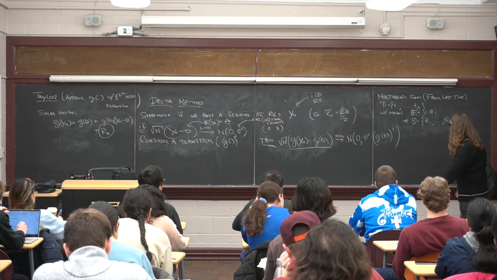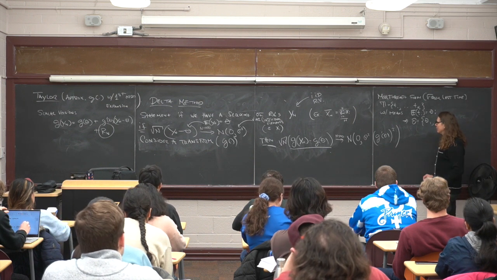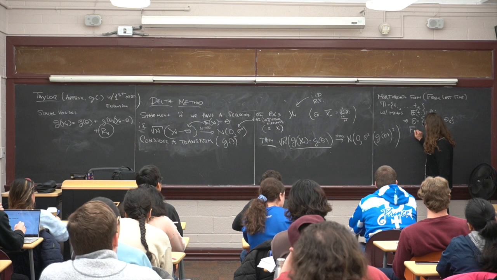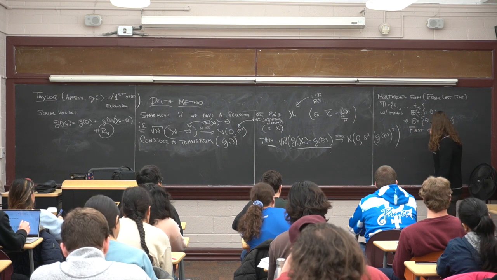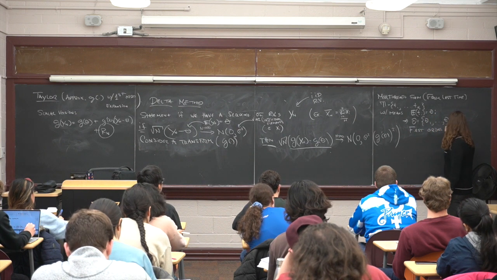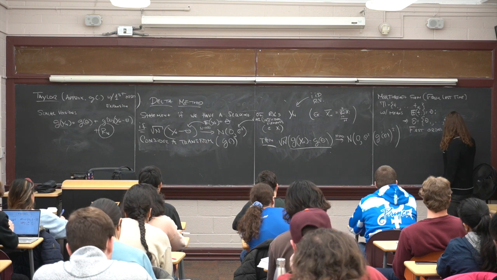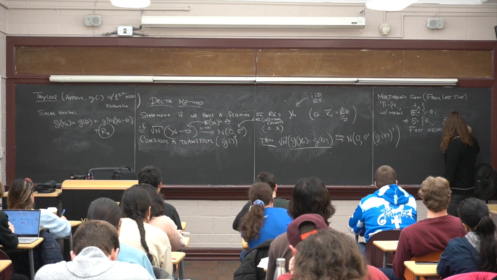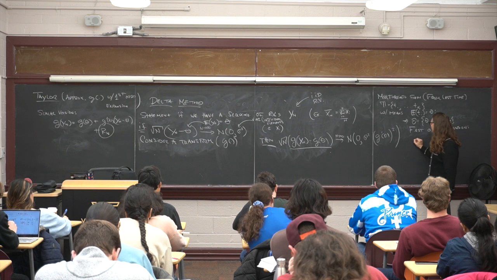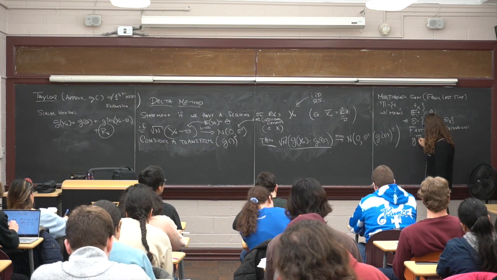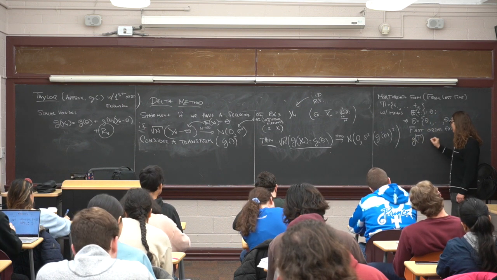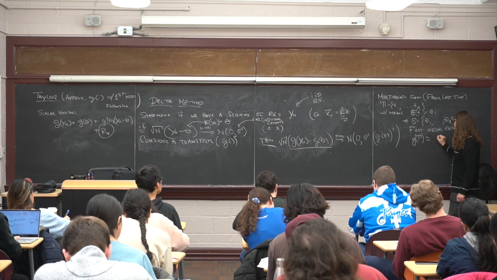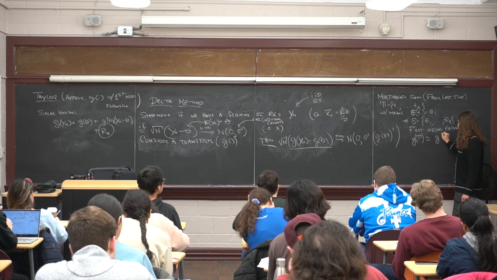But again, I think it's useful just to see the first order Taylor expansion. So first order expansion. G of T is going to be approximately G evaluated at cap theta.